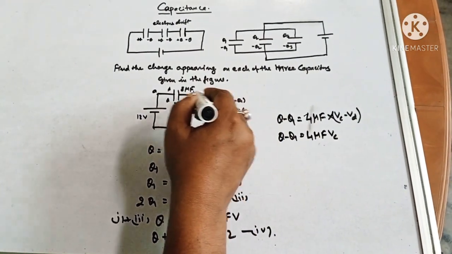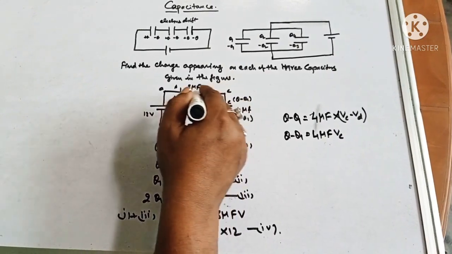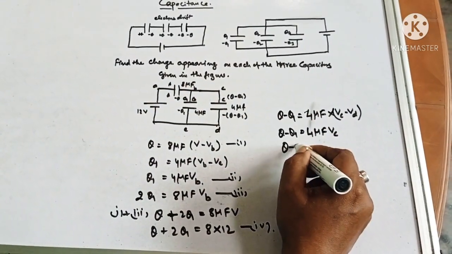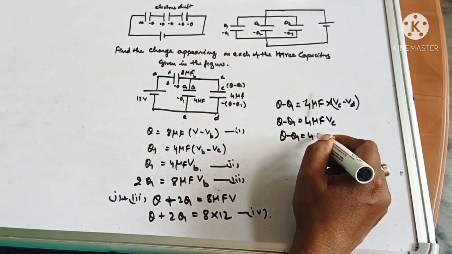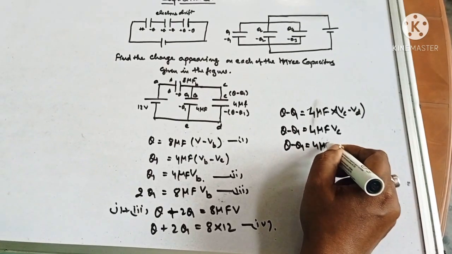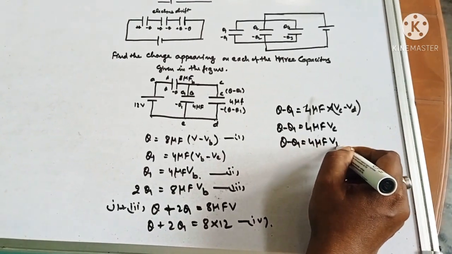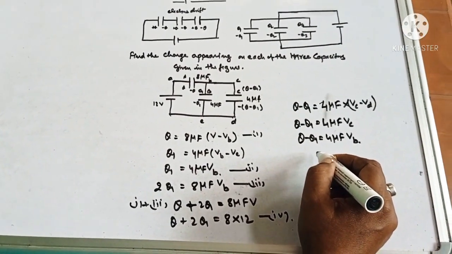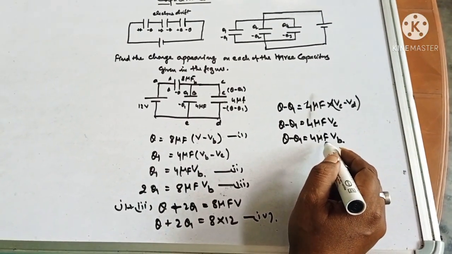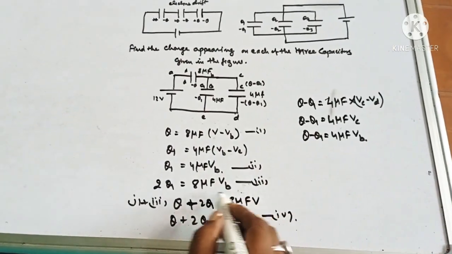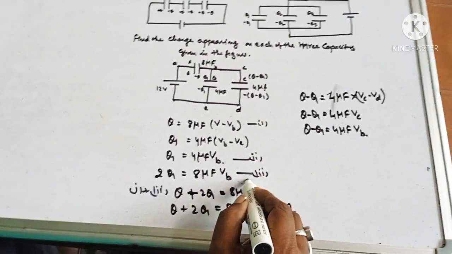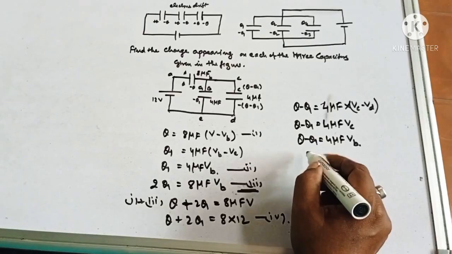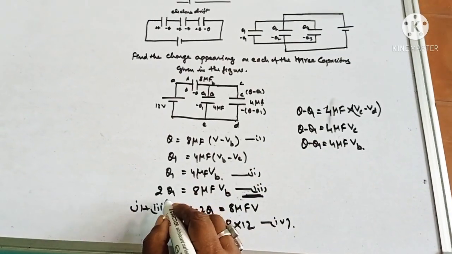This and this are at the same potential because they are joined. So Q minus Q1 is equal to 4 microfarad into VB. Now what I am going to do is take the value of VB from equation 3.